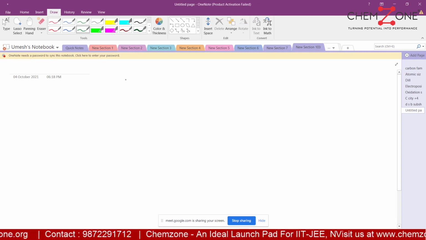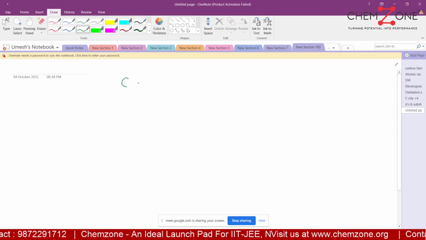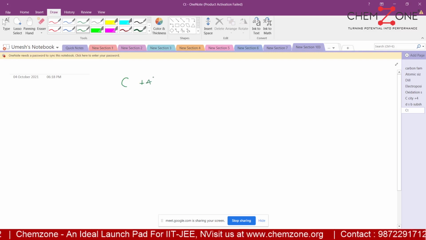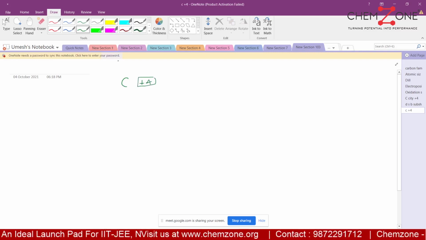Now, carbon in its +4 state, what do you think it will make? Covalent compound or ionic compound?